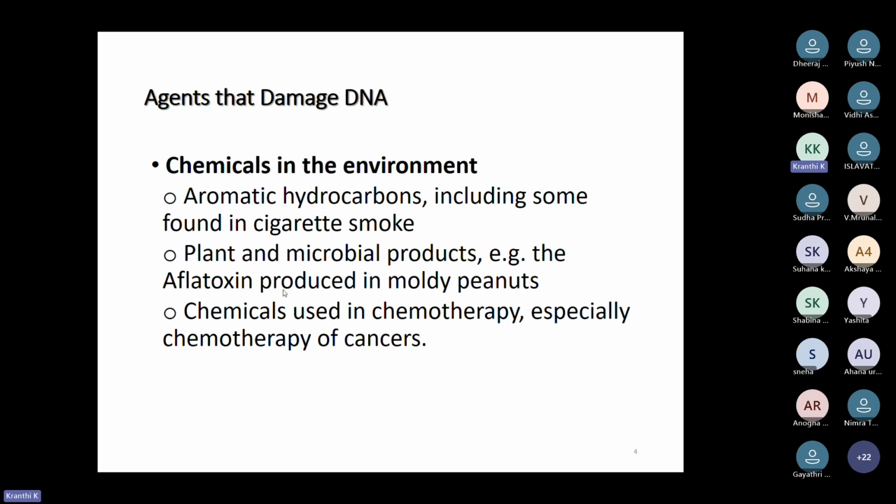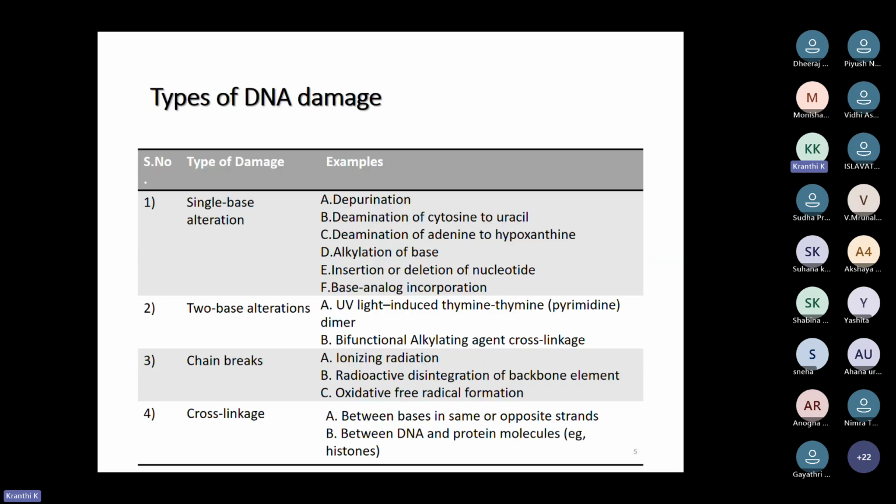All the cancer drugs work on the nucleic acids only, because cancer is an uncontrolled growth of cells. How does the uncontrolled growth of the cell happen? Nucleic acid replication will happen. So most cancer drugs will stop the replication. They act on the nucleotides only. Got it? So whenever a patient is taking chemotherapy for any cancer, that will also damage the DNA.